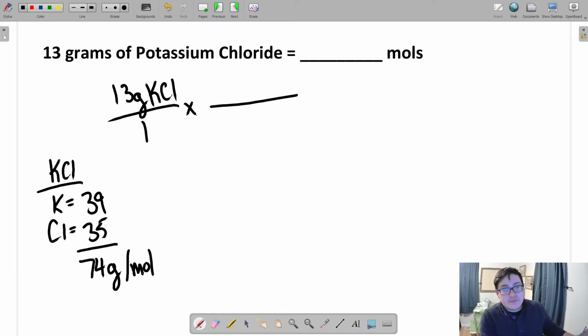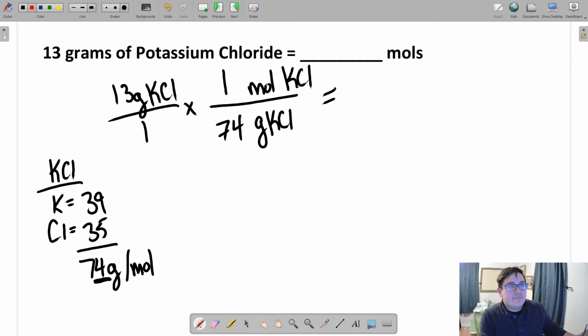Okay, so now let's do this. Remember, everything that's right here is going to go down below. So we're going to go grams of KCl. And we're going to go to moles. That's what we're looking for. Moles of potassium chloride. So, one last thing. Where does this 74 go? Well, let's see how the 74 is next to the grams. It's going to go next to the grams for 1 mole.